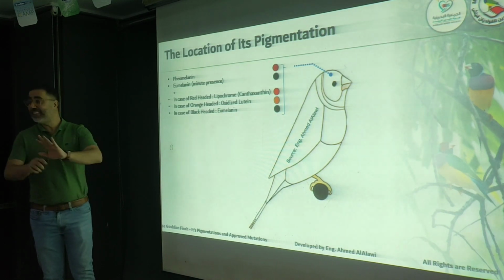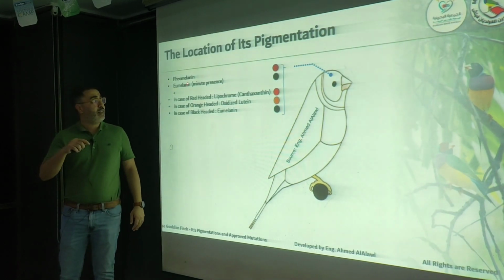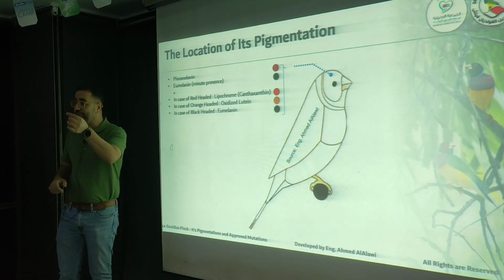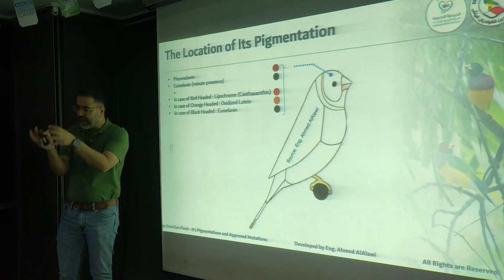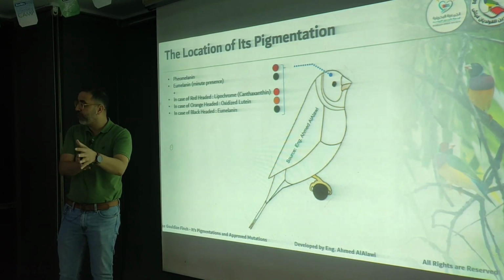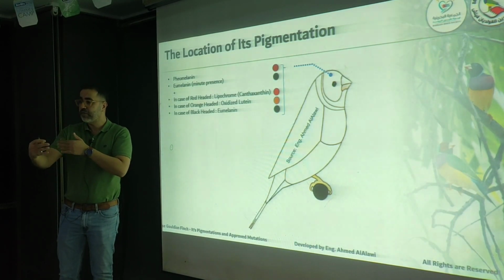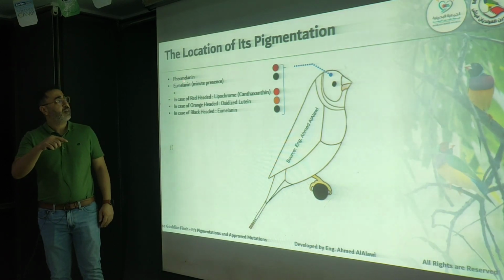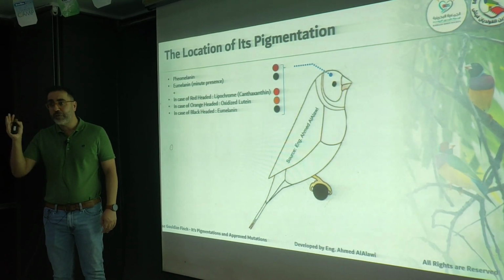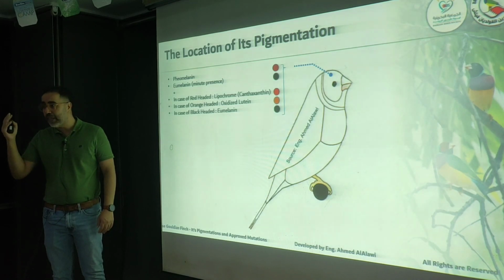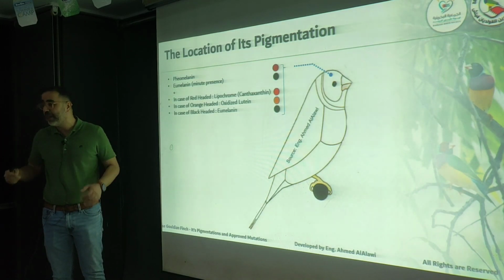Very simple. Pheomelanin is the brown color that is borderline red. It's very, very super brown. Almost maroon. That's pheomelanin. Those who breed canary finches, maybe you have heard about pheo, red eye, pheo, also the color.